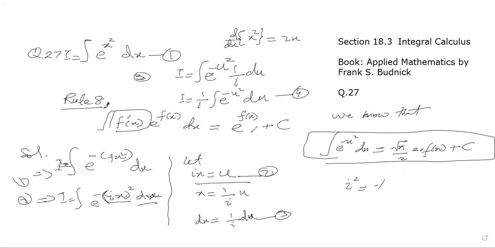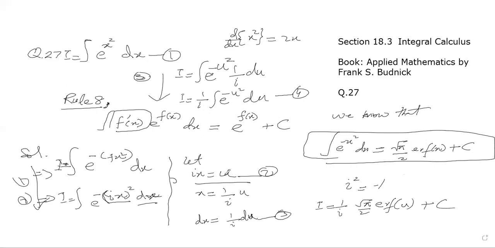So the fifth equation would be I is equal to 1 over iota times the integral of e raised to the power minus u squared du, and by the formula for minus x squared, this would be root pi over 2 times the error function, not of x but of u, so erf of u plus c.